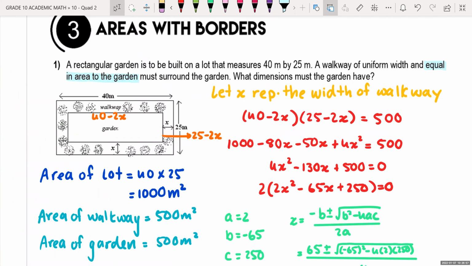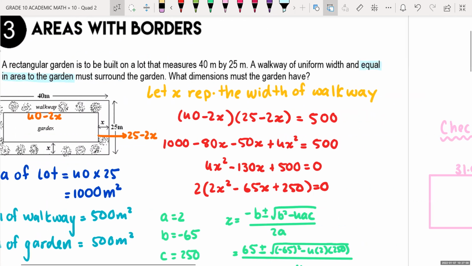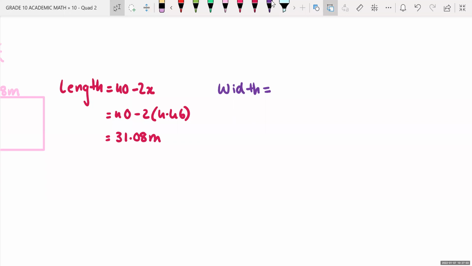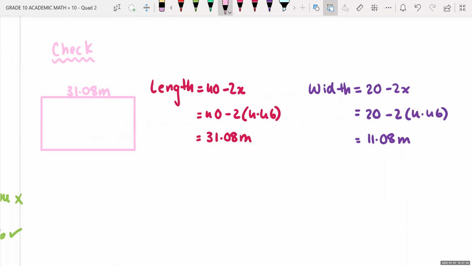So I'm going to go all the way back here, and I'm going to write down the width is 20 minus 2x, which is going to be 20 minus 2 times 4.46, and that's going to give me 11.08 meters. So right over here, this is 11.08 meters. Okay, so this is what I think my dimensions are based on the fact that x is equal to 4.46.